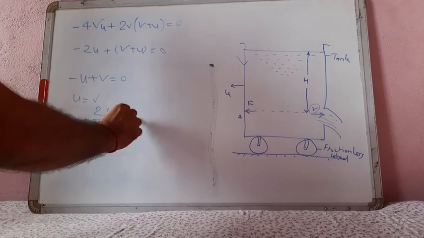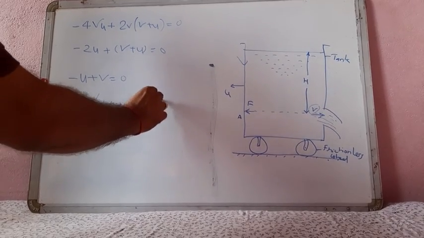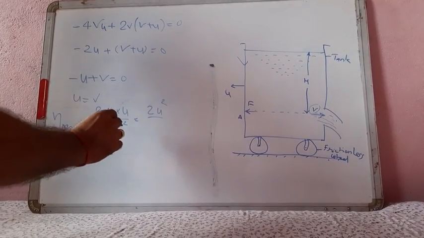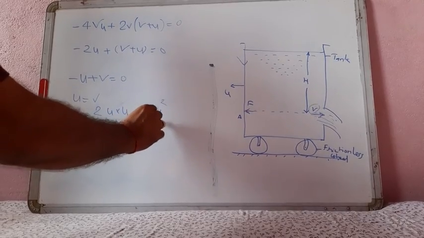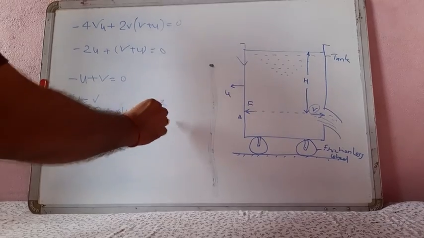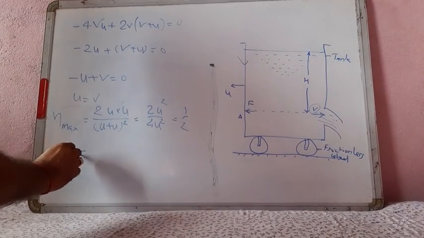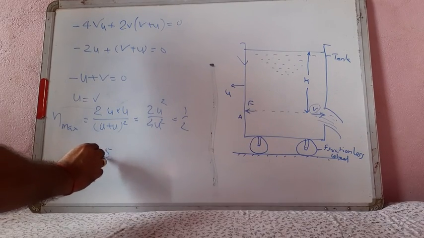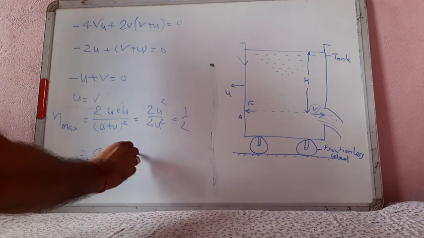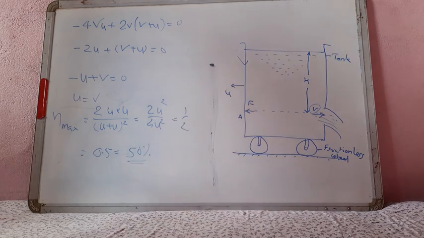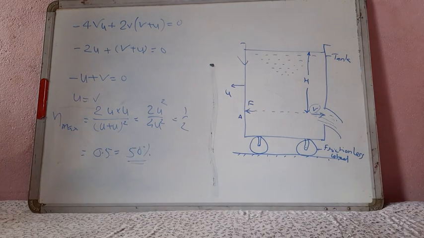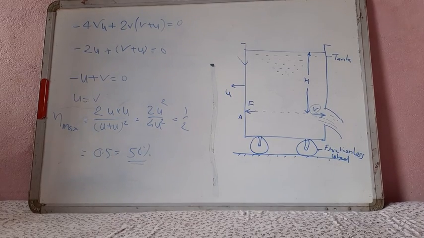So this comes 2u square by 4u square, that is equal to half. So this maximum value is 0.5, that is 50% is the efficiency. You have to practice some numericals on this topic.